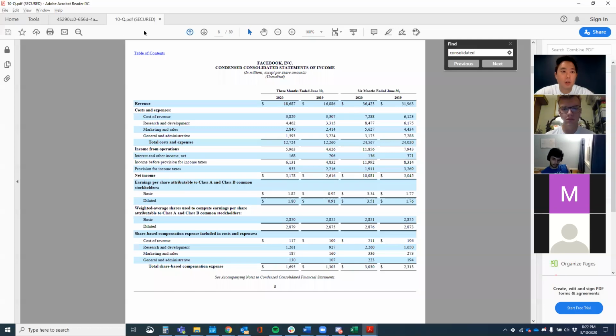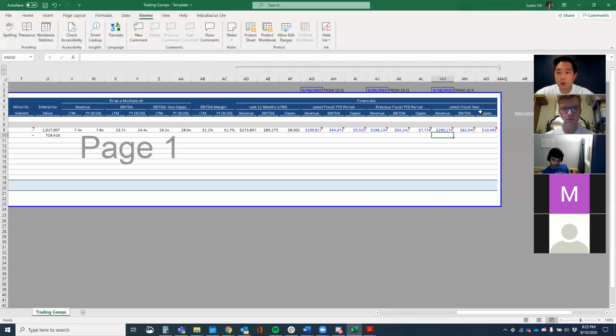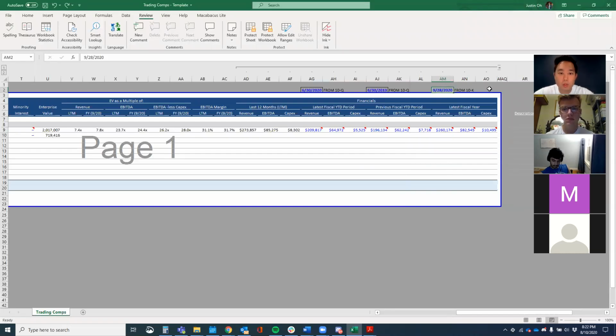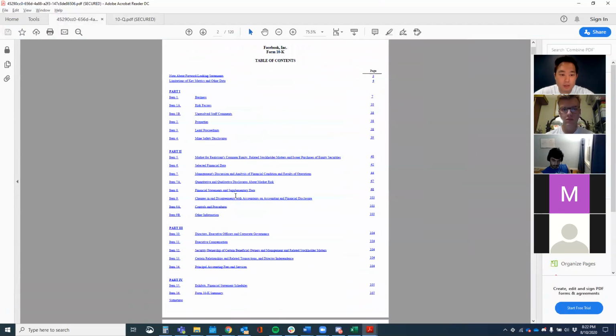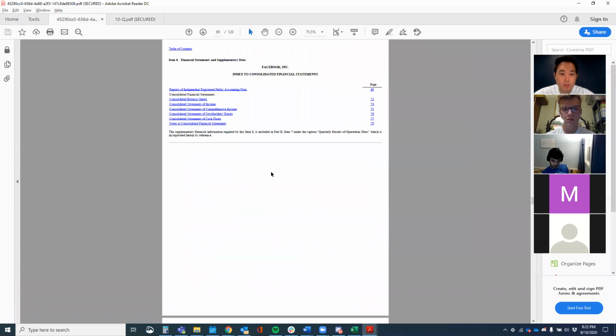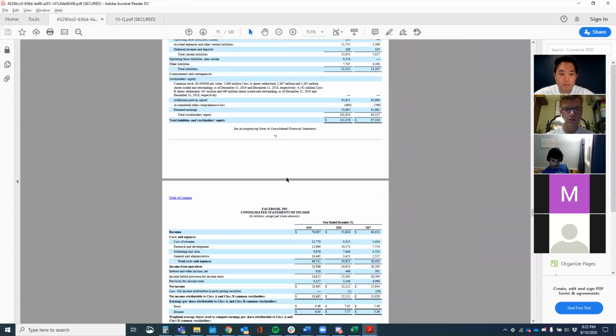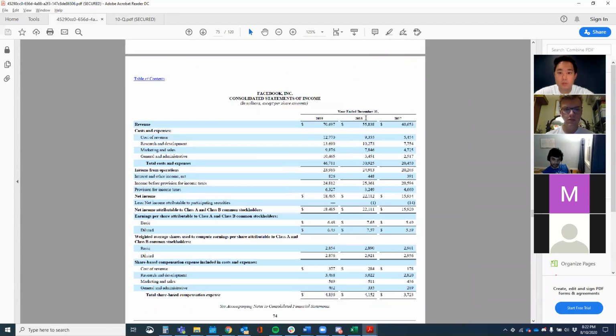Revenue is easy. So go to the 10K, the last 10K, and you want to put in these dates. I go to financial statements, revenue, year ended December 31st.